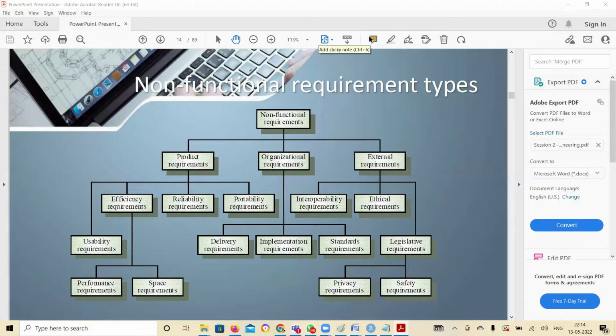And safety is not getting hurt in either way: physically, mentally, emotionally, you should not get hurt. The feature that I deliver should not hurt you in any way. That's called safety requirement.